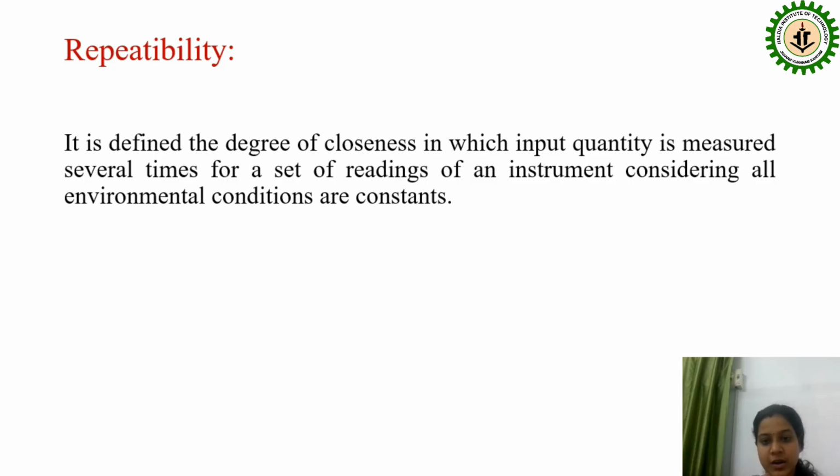Here we use the same method for the measurement, but we give several values for the unknown parameter, and for each experiment we check whether the measured values are near the true value or not. For each experiment, the environmental conditions remain the same.